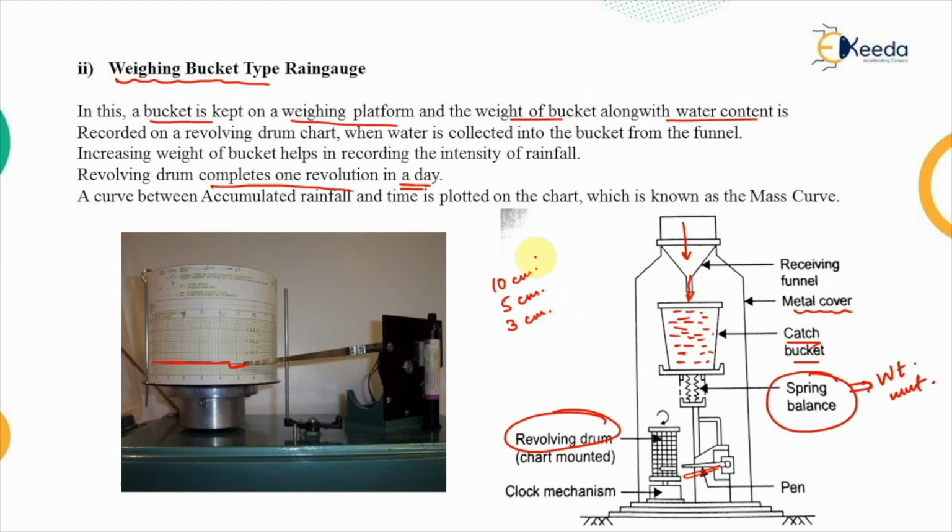After 3 hours, if we check, we will get 18 centimeter of rainfall present in this bucket. In this way we get the accumulated rainfall versus time graph on this chart paper, and this curve between the accumulated rainfall and the time is known as the mass curve in hydrology. That is the second type of recording rain gauge.